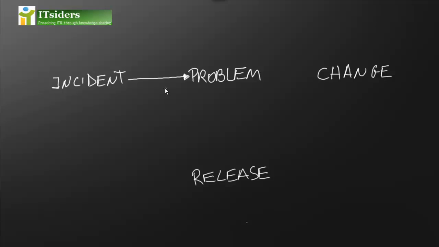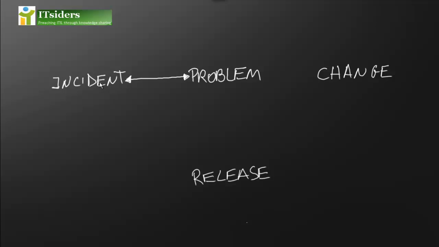That's the first fundamental theory. On the other way around, you will have problems that are associated to one or more incidents. So that's the relationship on the other way around.